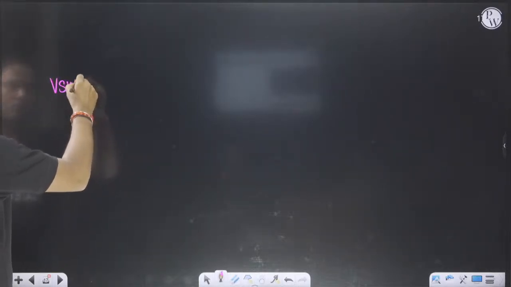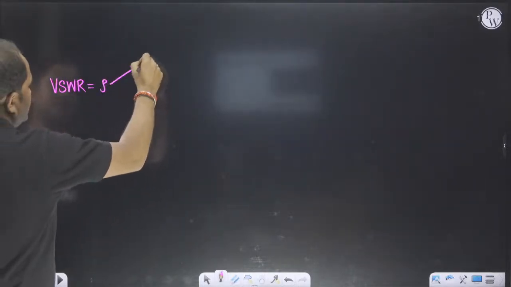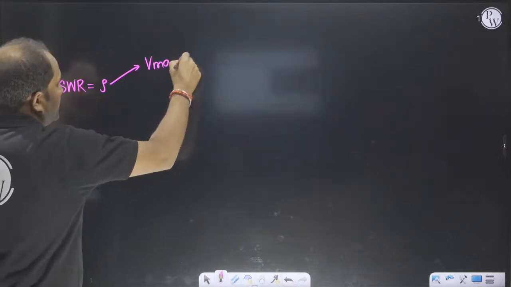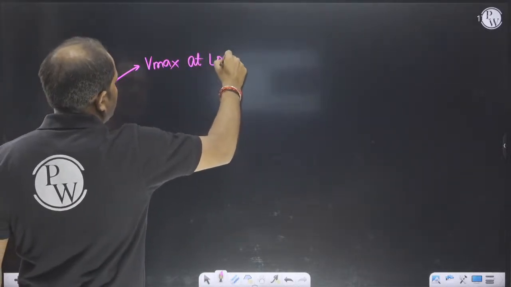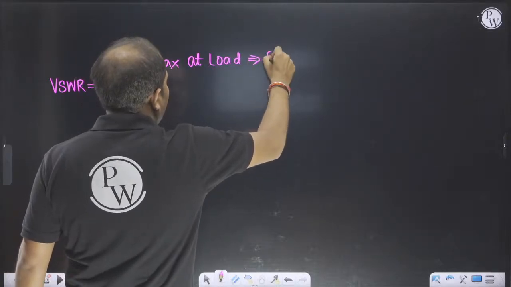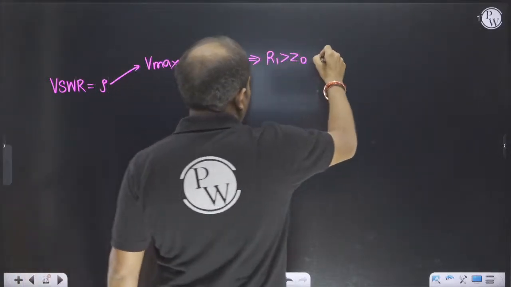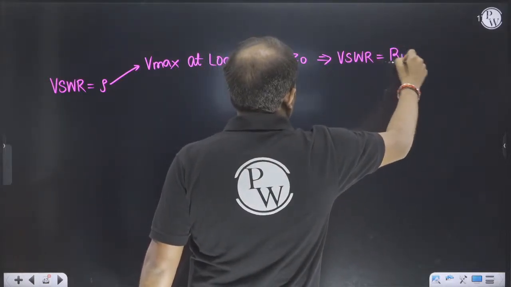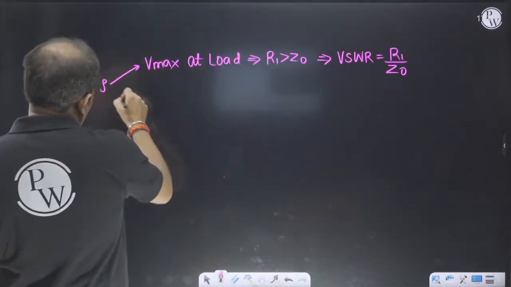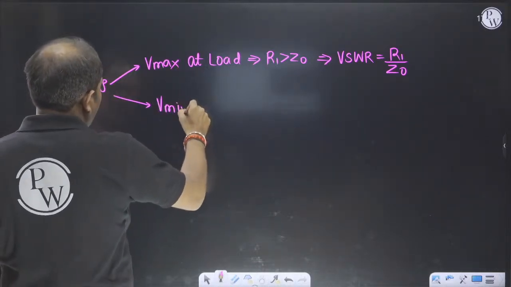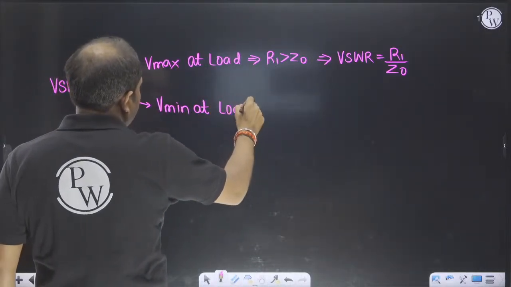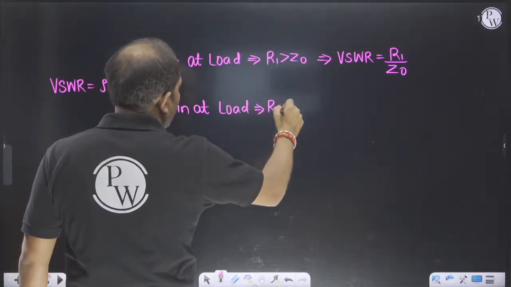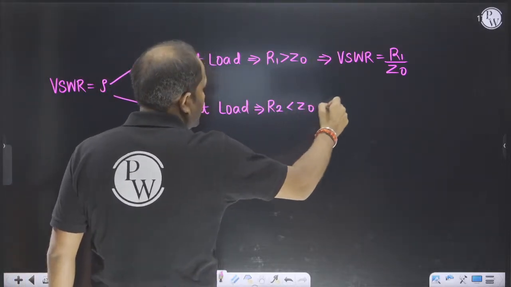So for Vmax at load, I will take R1 greater than Z0. In this case VSWR is R1 by Z0. Then for Vmin at load, I will take R2 less than Z0, because the VSWR is the same.